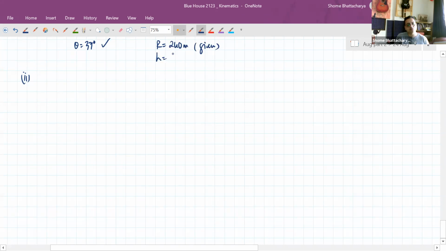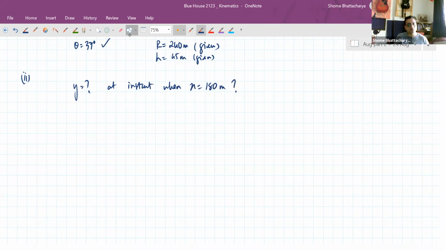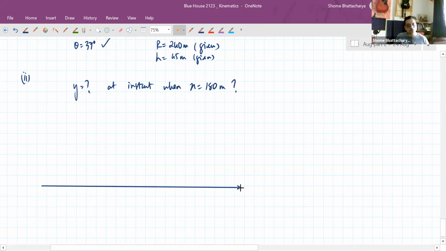Maximum height was given to us as 45 meters. And in the second part, we have to find y when x is equal to 180 meters, because y is the height from the ground and x is the horizontal displacement.